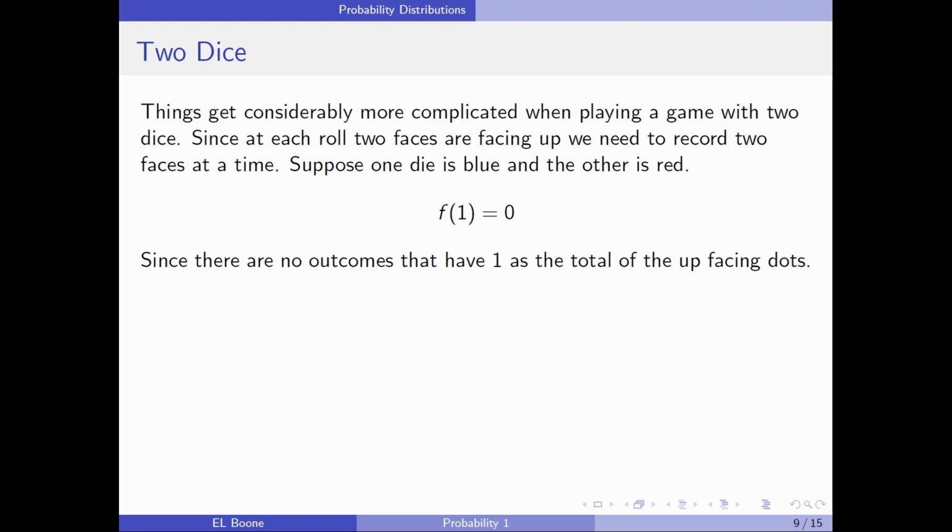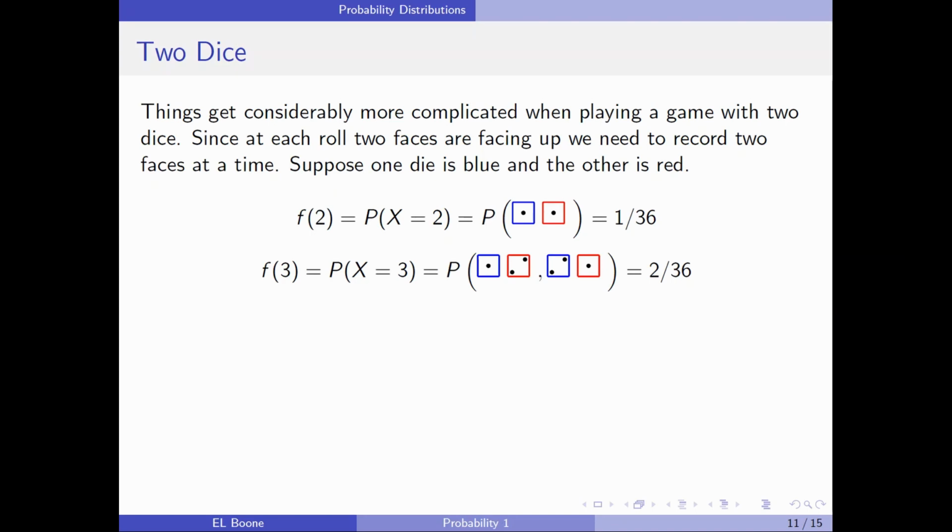Since each roll has 2 faces facing up, we have to record the 2 faces at a time and add them together. So f of 1 is equal to 0, since no outcomes have 1 as the total of the up-facing dots. You have 2 dice, so the lowest you could get is a 2. f of 2 is the probability that the random variable is 2, which is this particular outcome, and that's 1/36. That's the only outcome that equals 2.